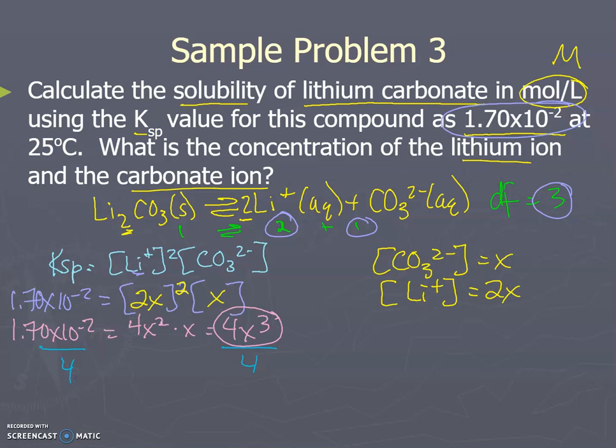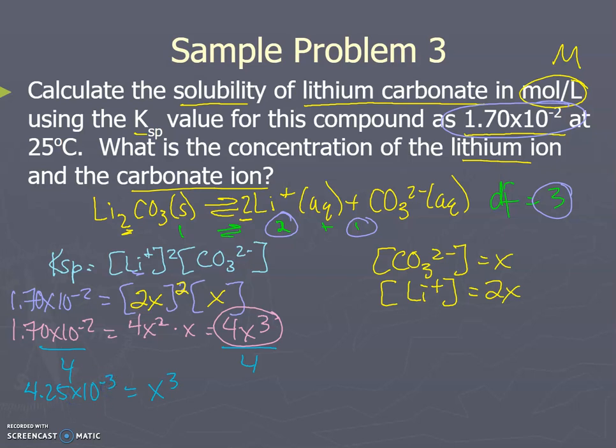So that means I am going to get x cubed equal to 1.7 times 10 to the negative second divided by 4, and I get 4.25 times 10 to the negative third.